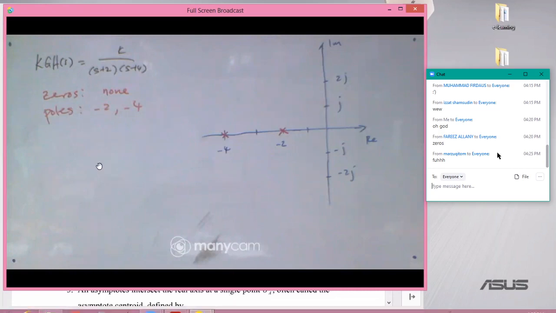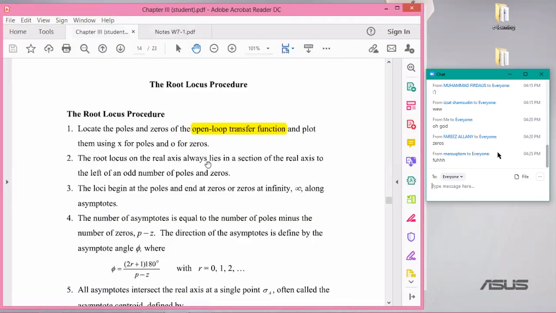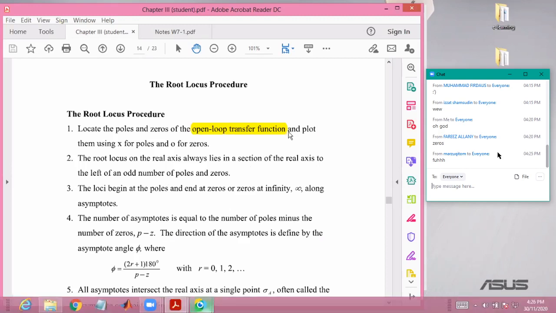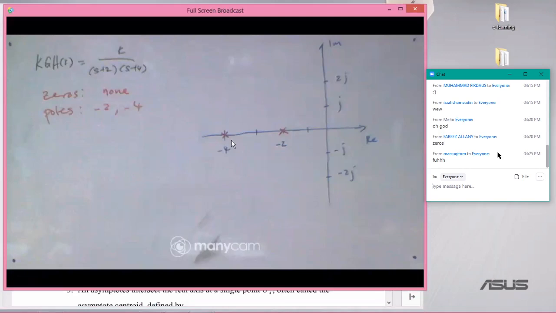Let's read that again. The root locus on the real axis lies in the section of the real axis to the left of an odd number of poles and zeros. This is the first one, which is odd, so to the left of that we're going to have a locus. The second pole is even, so to the left of that we have no root locus. So in this region we have a root locus, and I'm going to draw it with a red line.